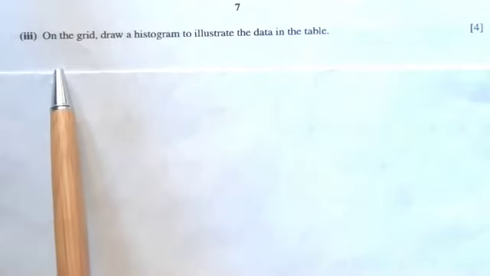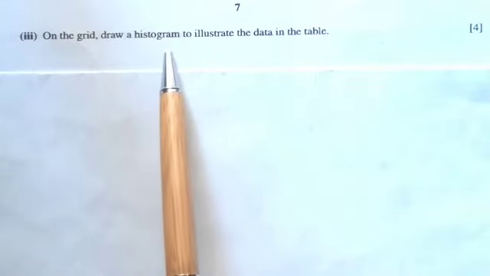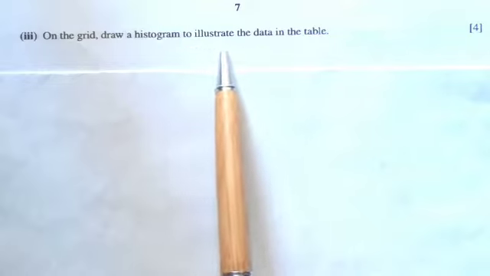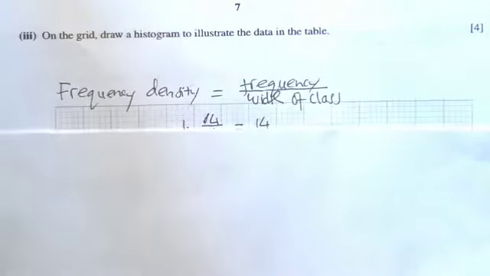Now part III, on the grid, draw a histogram to illustrate the data in the table. From the table we see that the classes have unequal widths.